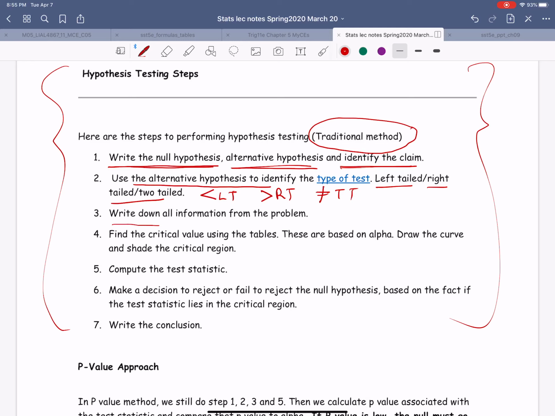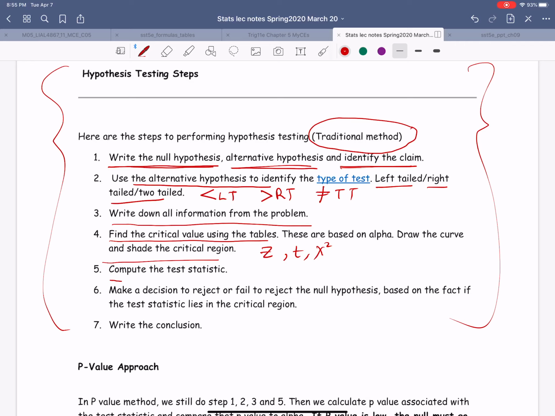Write down all the information from the problem. Find the critical values using the tables. Critical values would be the z values, t values, or chi-square values, depending on the statistic you're dealing with. These are going to be based on alpha. Make sure you draw the curve and shade the critical region.